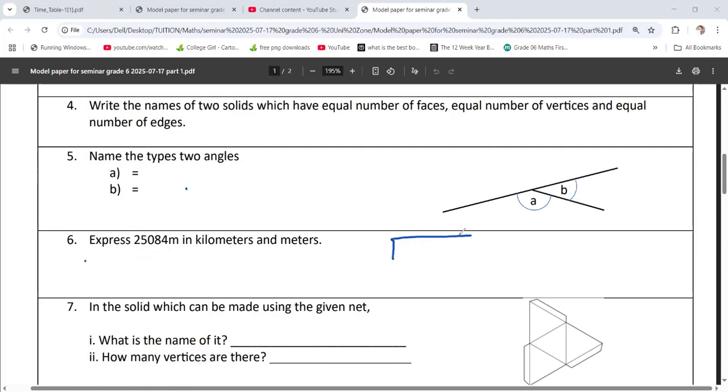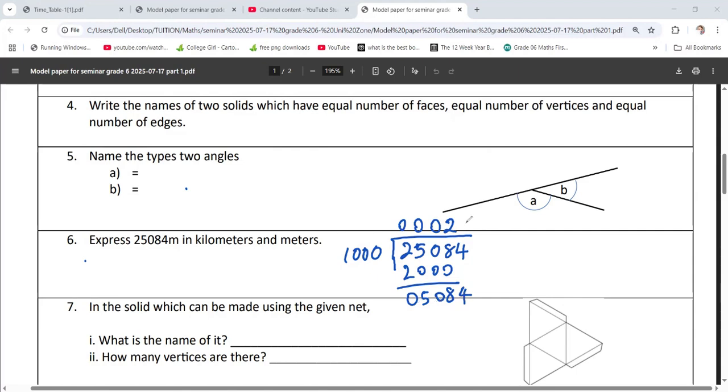So that you can use the long division. 25,084, you divide by 1,000. For 2 you have no thousands, for 25 no, for 250 no, 2,508 you have 2,000s. 2 into 1,000 is 2,000, and then you subtract this. 8, 0, 5 minus 0 is 5, 2 minus 0 is 2, then you get 4 here.